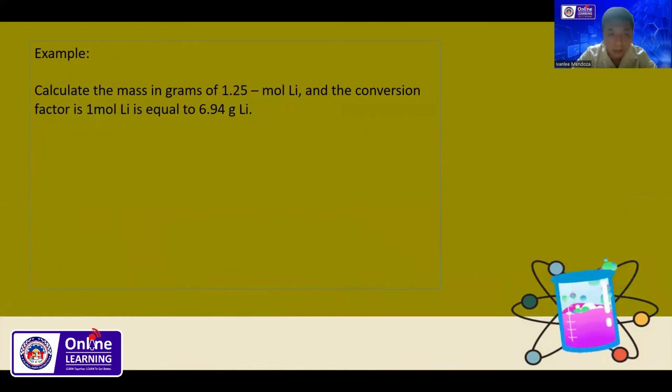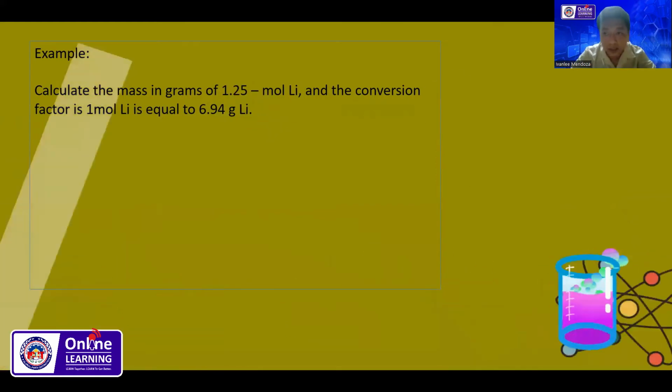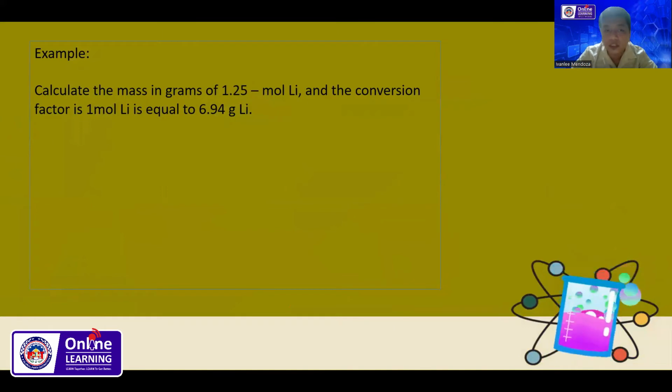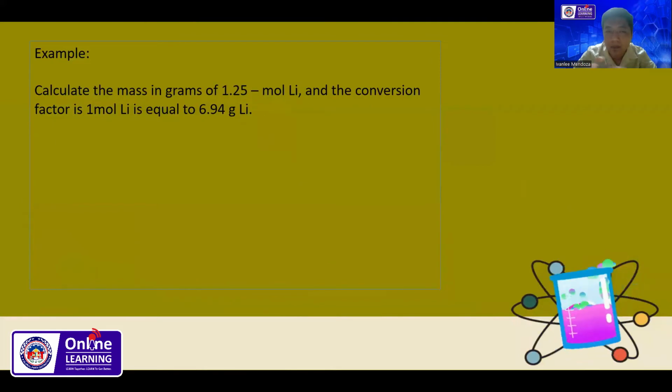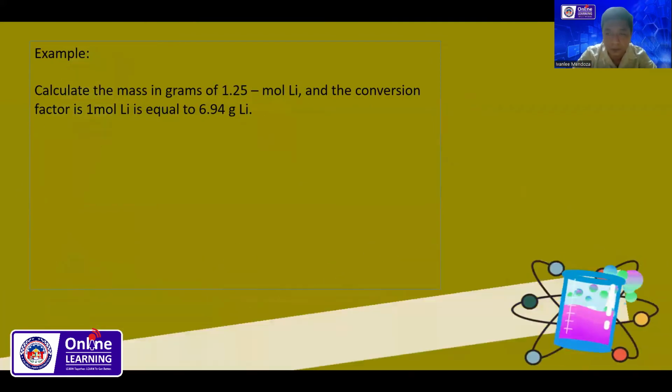Obviously, in this problem, we need to determine the mass in grams, with a given 1.25 mole lithium. And we have a conversion factor between 1 mole lithium and its equivalent, which is 6.94 gram lithium.